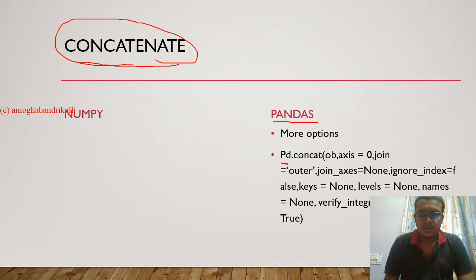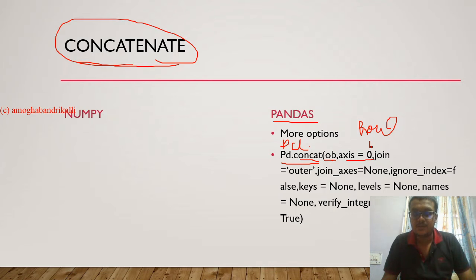The function name to perform concatenation is pd.concat. You pass the variables you are going to concatenate. You have axis equal to 0, which means concatenation row-wise. You can make it 1 for columns.